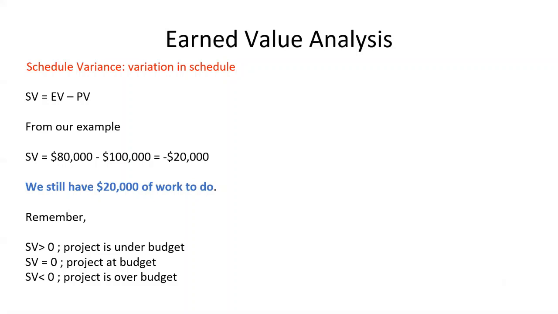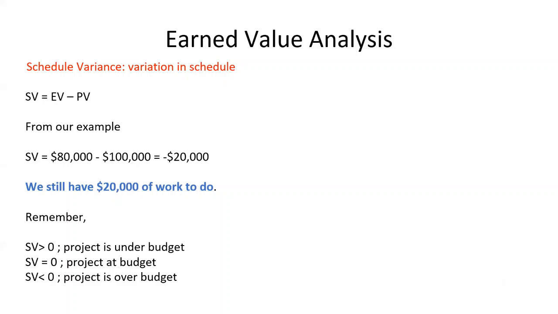And the earned value is $80,000 minus $100,000, which is the planned value. So now the amount is minus $20,000. So that means that we still have $20,000 of work left to do.